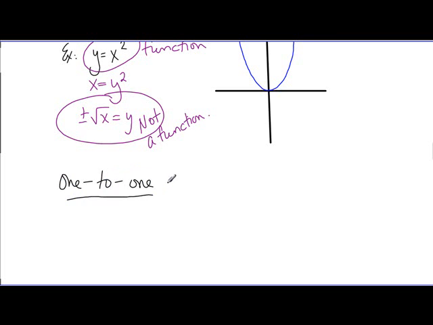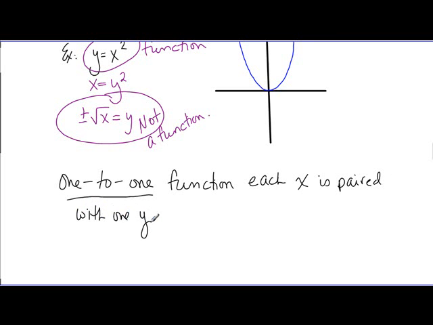In a one-to-one function, each x is paired with one y. That much of the definition of a one-to-one function tells us about the relationship being a function.